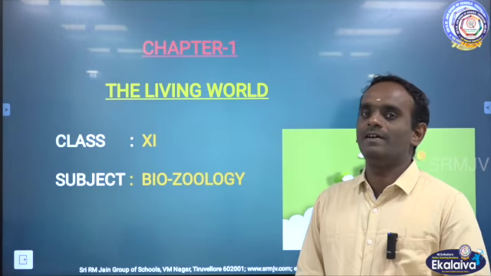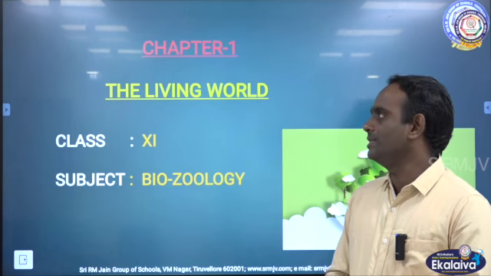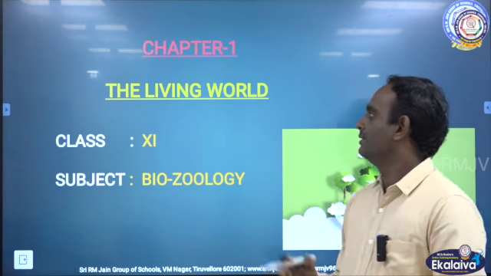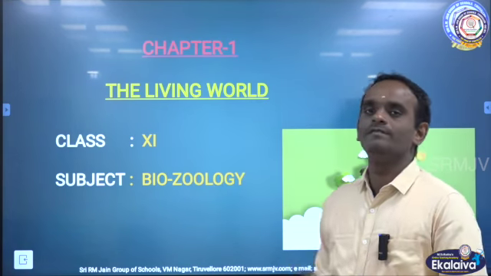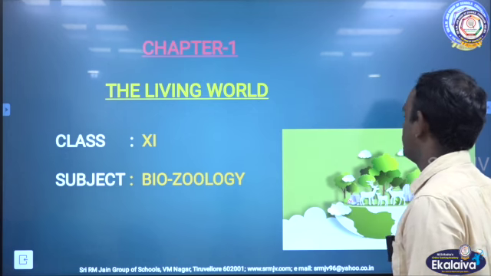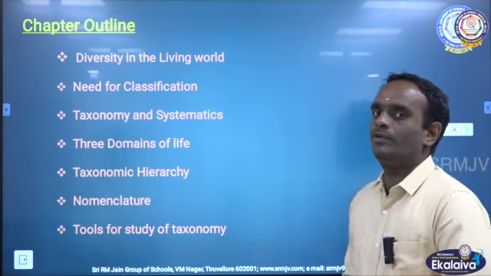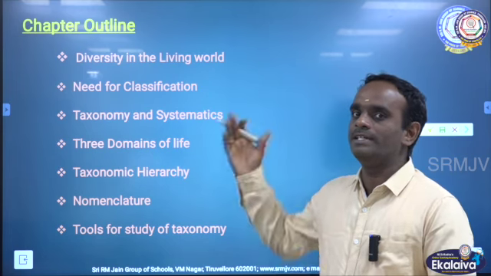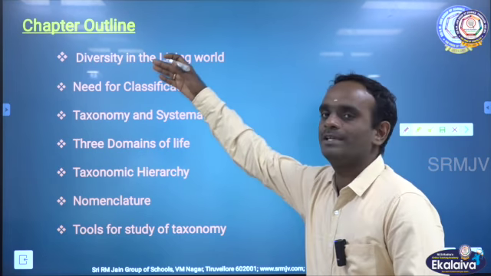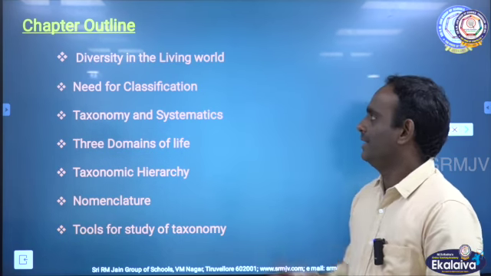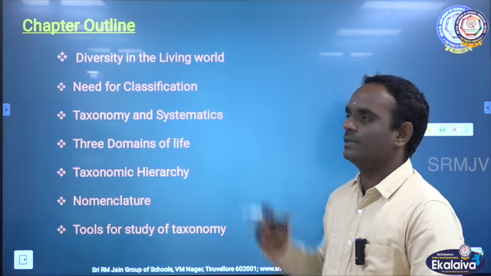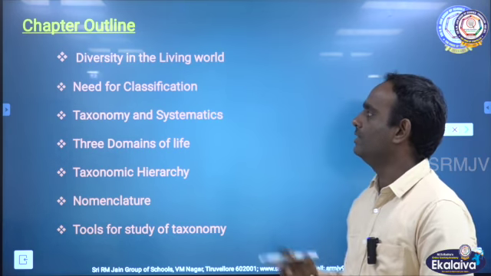For class 11, subject Biozoology, the new chapter is The Living World. Before going to see the topic in detail, first we will see the chapter outline. The first one is diversity in the living world.